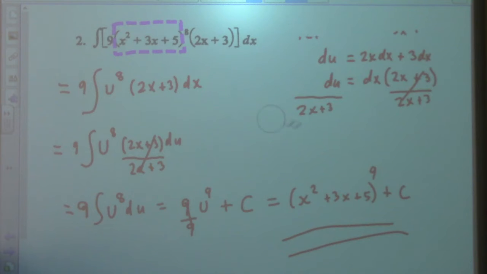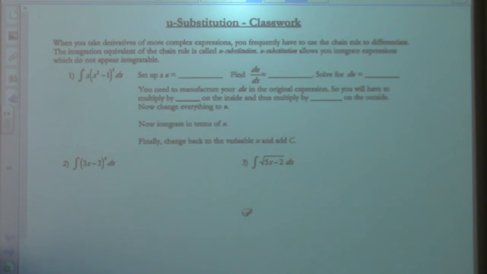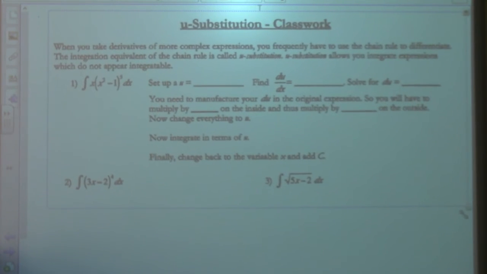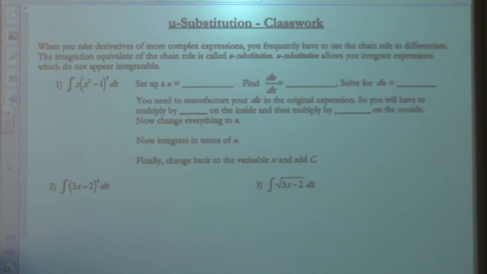So what I want you to do is, let's look at the next one here. Here they give an example problem of this, this one right here.